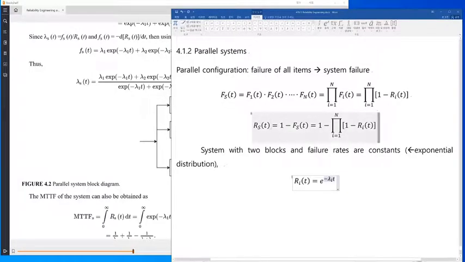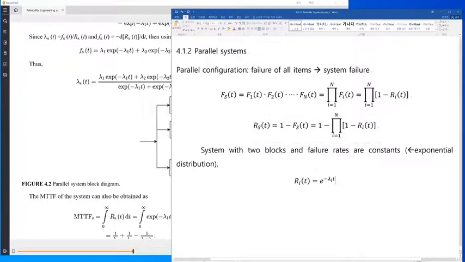So in this case, the system reliability is given as 1 minus... from this equation, there are only two components, so that means we should calculate 1 minus R1(t) and 1 minus R2(t).